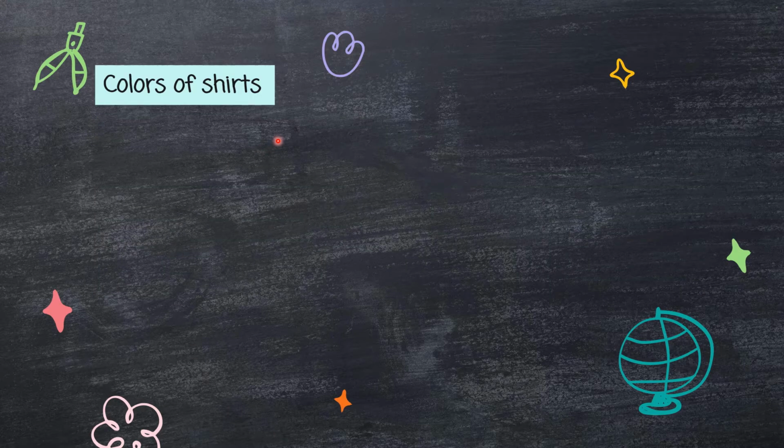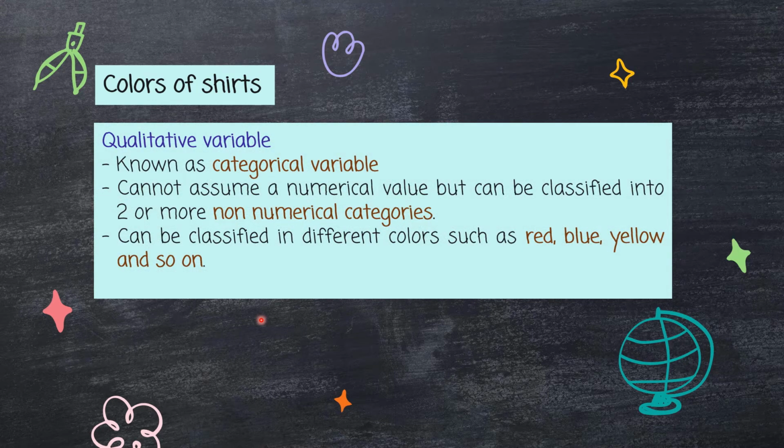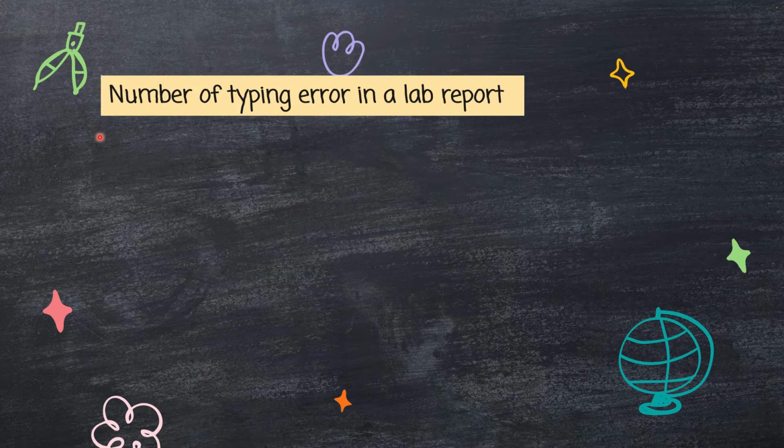Next, color of shirt. So this is a qualitative variable, also known as a categorical variable, which cannot assume a numerical value but can be classified into two or more non-numerical categories. It can be classified in different colors such as red, blue, yellow, and so on. Last example: number of typing errors in a lab report.